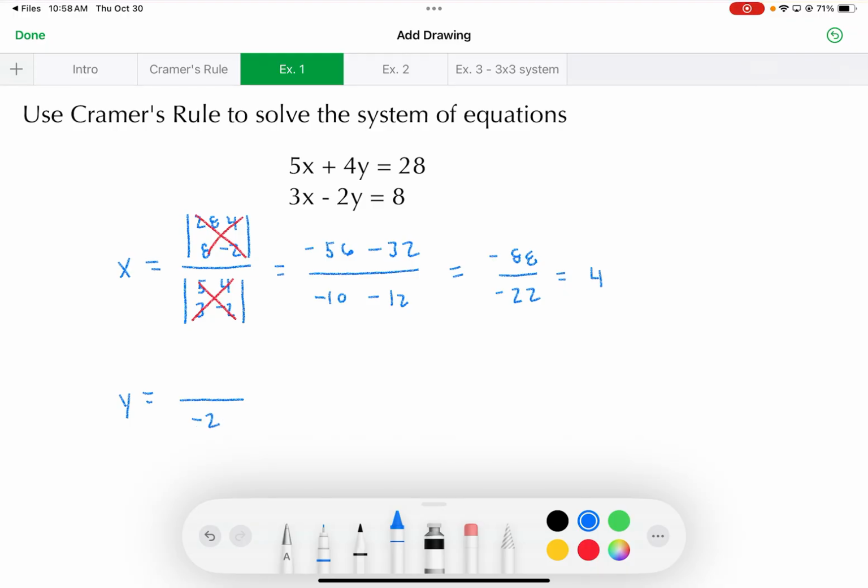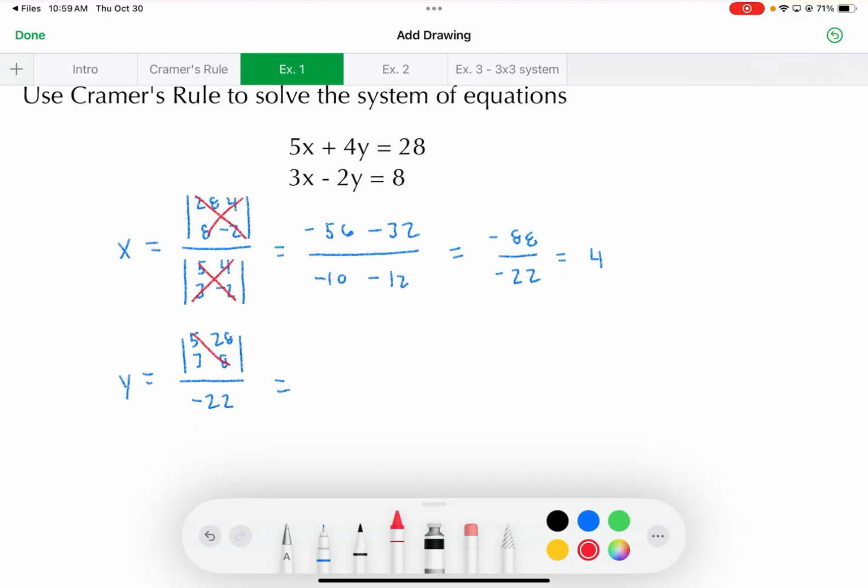That means it's going to be negative 22. The numerator, first column, the determinant will have a 5 and a 3, the coefficients of x. The second column, I'll replace with the constants of the equations, 28 and 8.